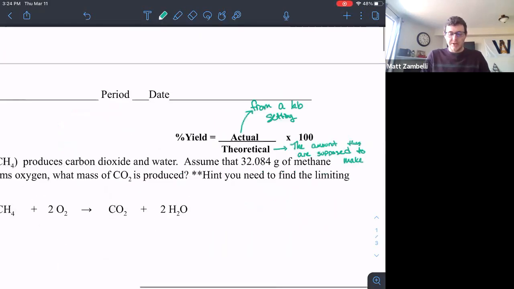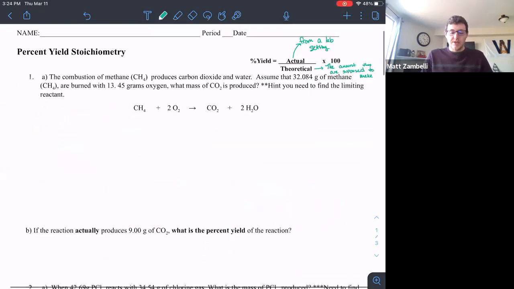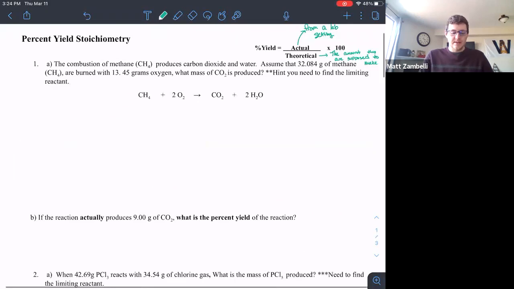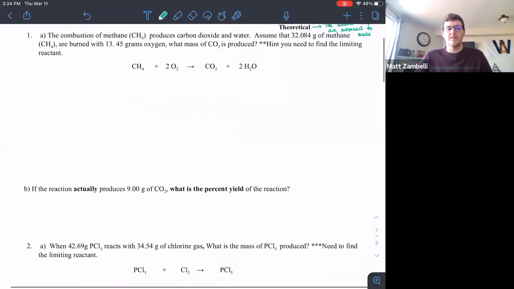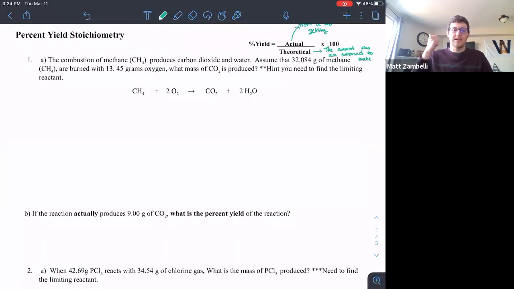Pretty simple equation. In these, I think there's only 4 problems. Yep, just the 4. In your 4 problems, you are first going to identify the limiting or excess reactant, because your theoretical yield is the amount that you make from your limiting reactant. You need to identify how much you'll make by your limiting reactant to figure out how much product you should make.